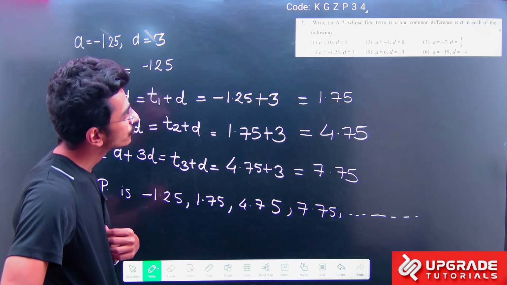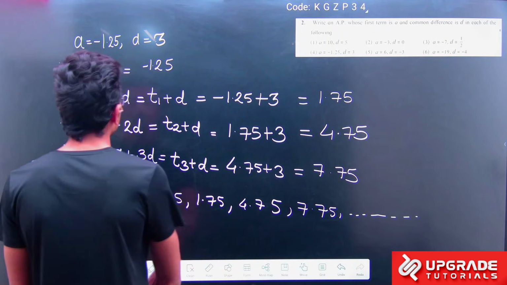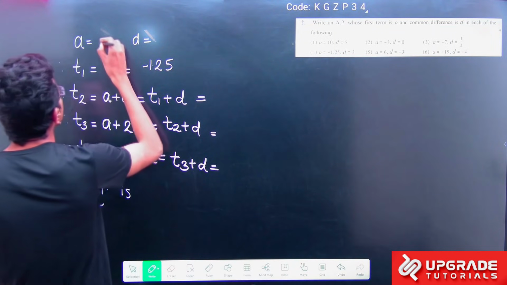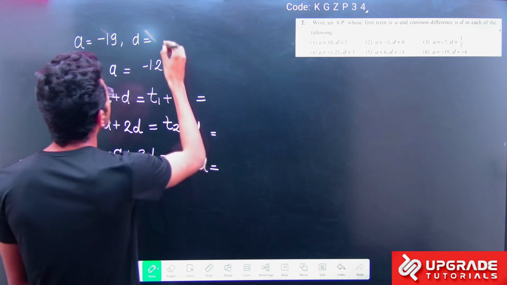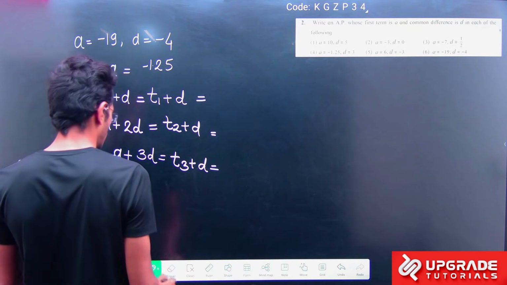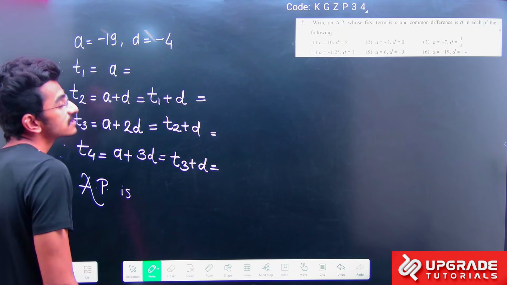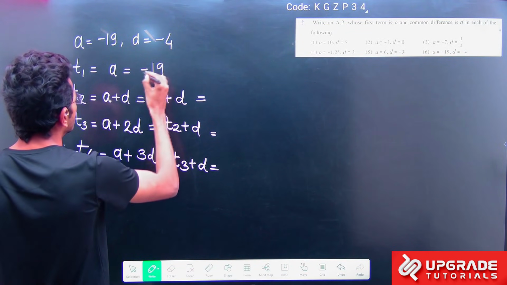Okay, so for your convenience we'll take question number 6. A is equal to minus 19 and D is equal to minus 4. Oh, this was left by mistake. So what is T1? Basically just pick up A and write it as T1.